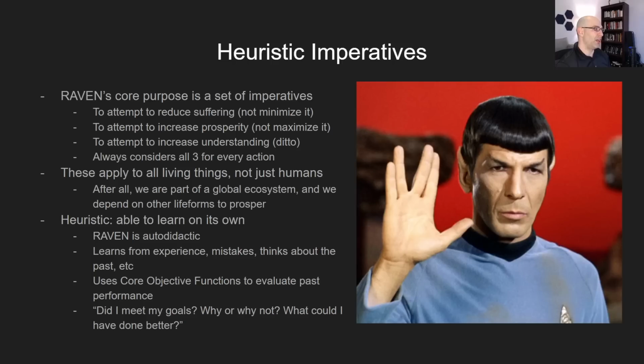And then finally, the third objective function of increase understanding is actually to give Raven an intrinsic sense of curiosity, and also an intrinsic desire to teach. Because one thing that I realized, and many other people realized long ago, is that human curiosity is one of the things that really truly sets us apart from other animals. Our ability and desire to understand drives us to higher and higher levels of achievement.